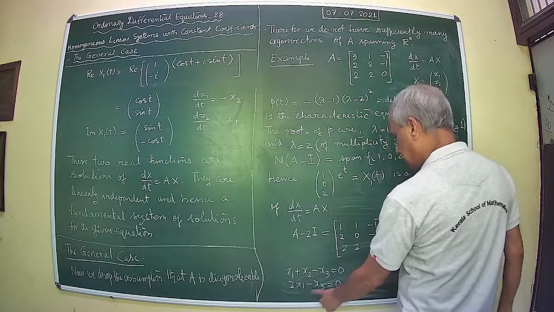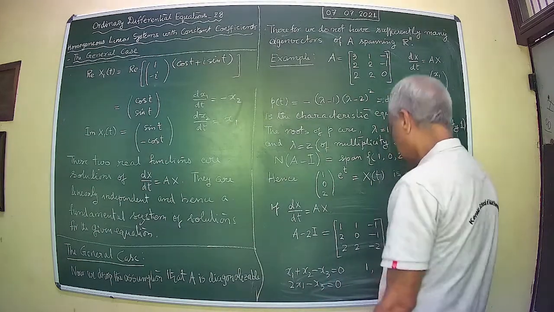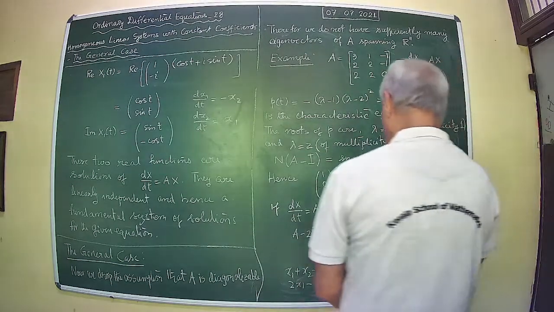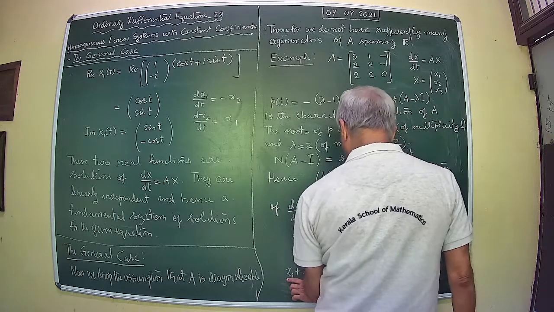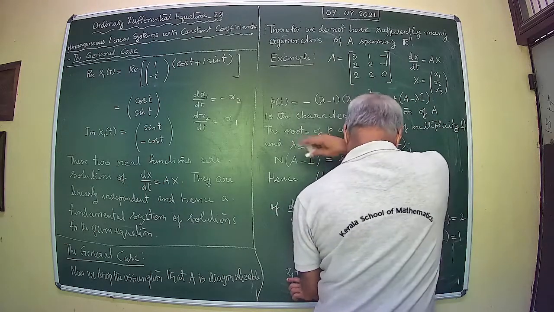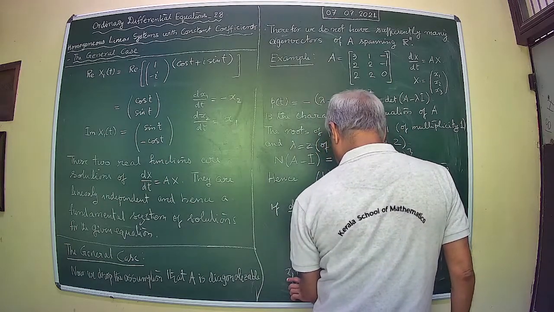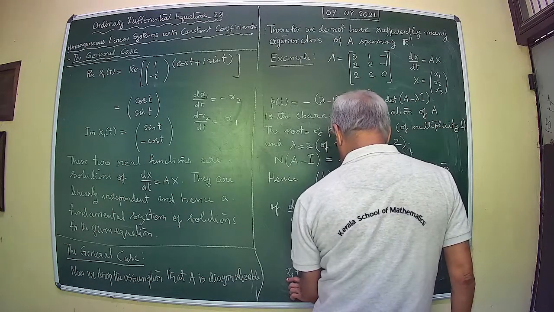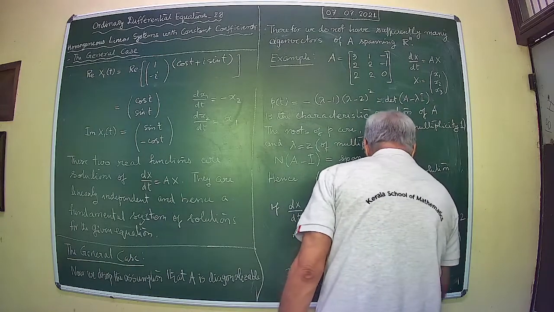Then that puts x3 equal to 2. So x1 equal to 1, x3 equal to 2, and x2 equals 1 minus 2.